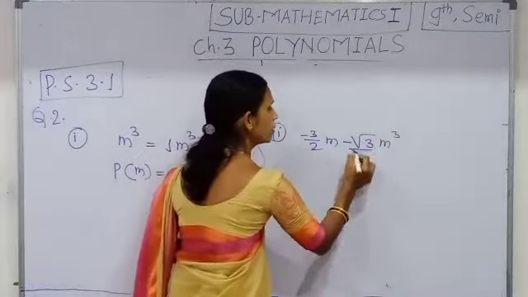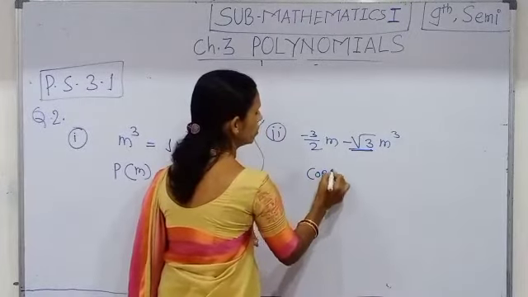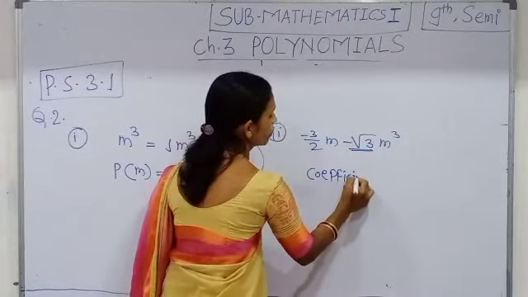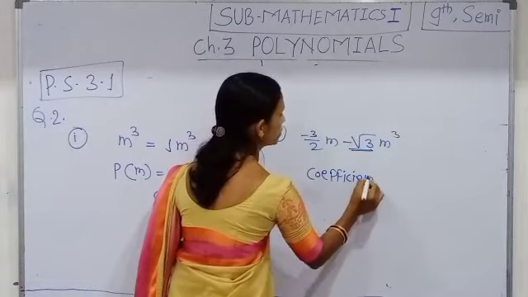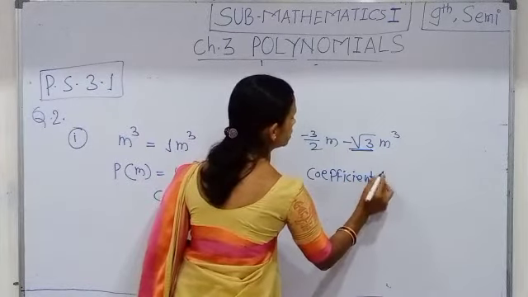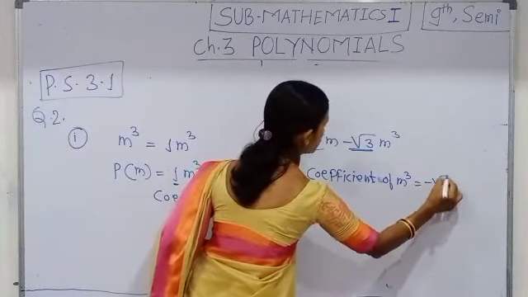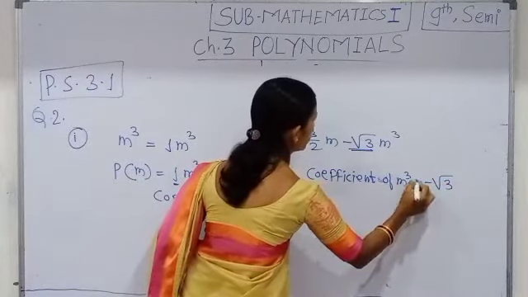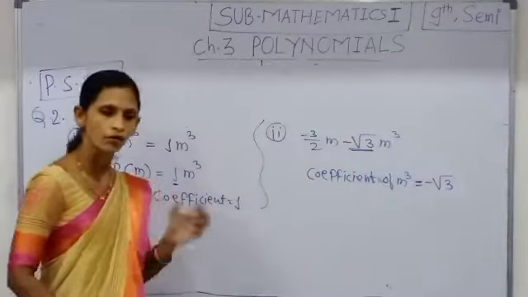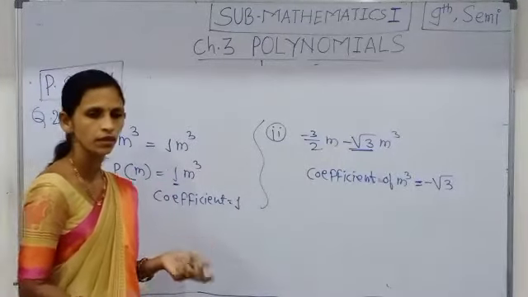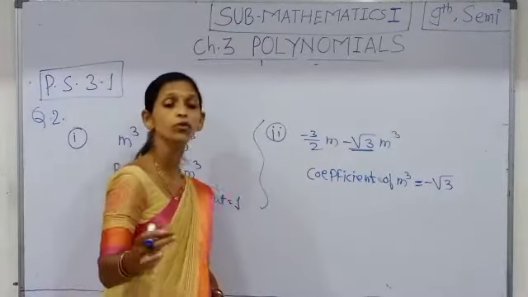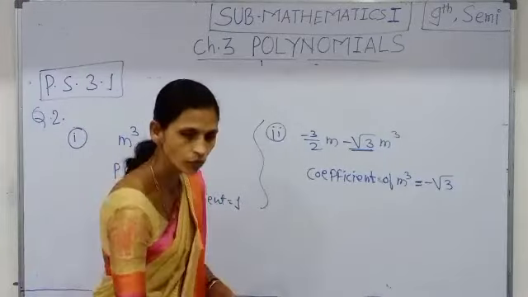Therefore the coefficient of m cube is minus root 3. Then one more example is given here, and you have to solve that example from it.